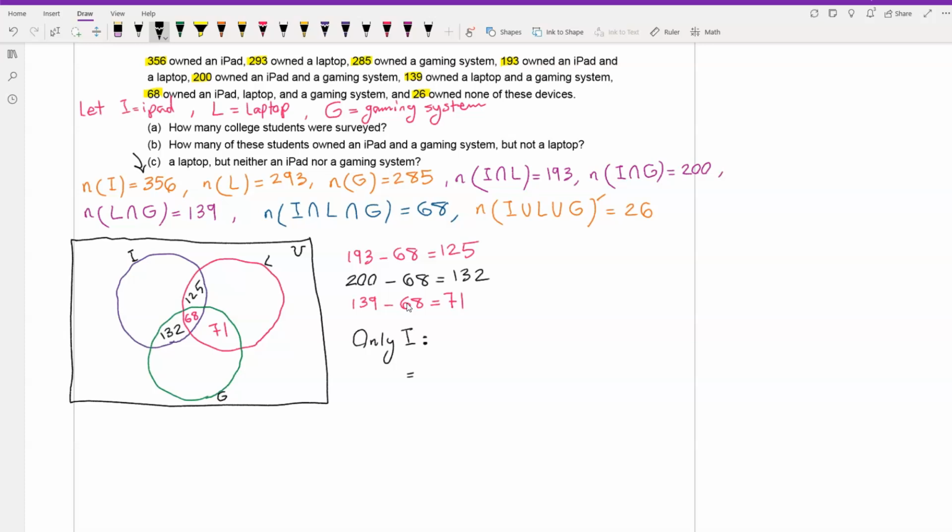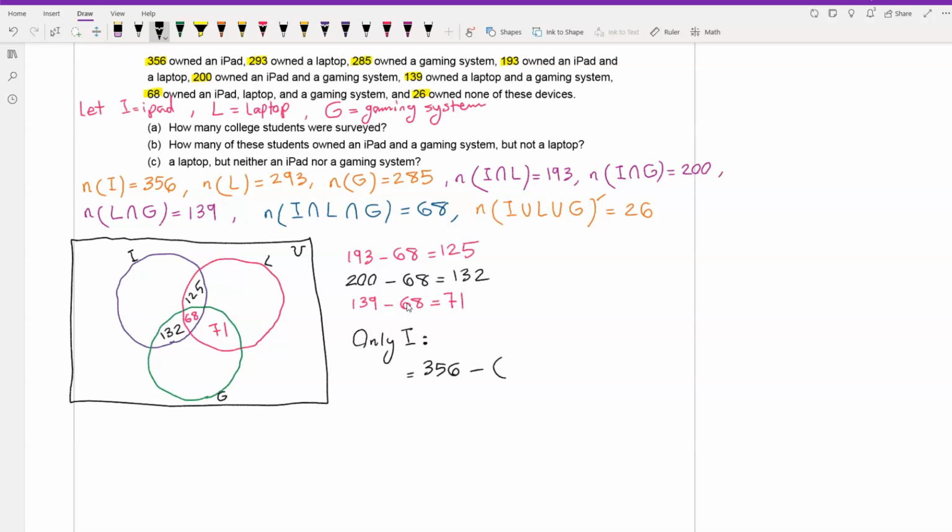For I we have 356 total. But we already have 125, 68, 132. So we should subtract these from 356.